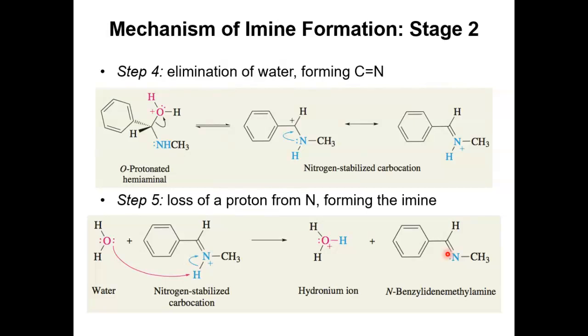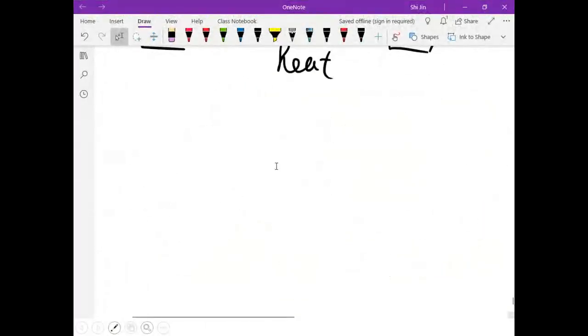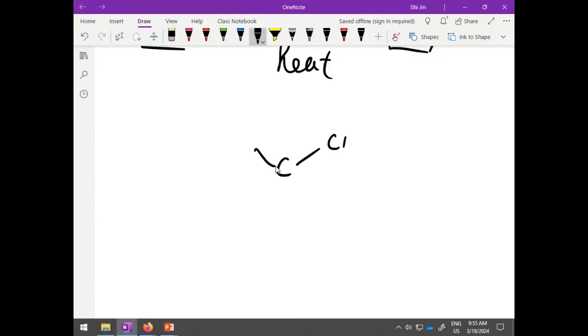And keep in mind, if a compound has several beta protons, let's say you have this carbocation, which elimination is most possible?